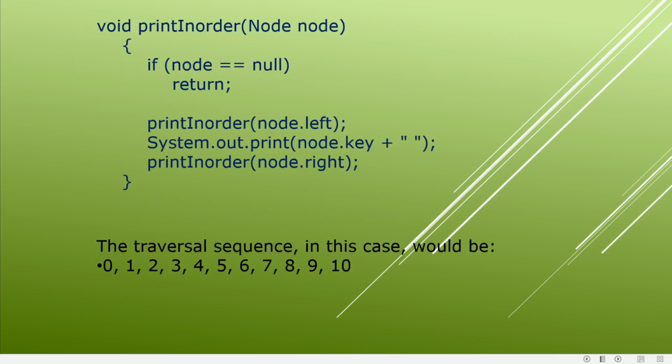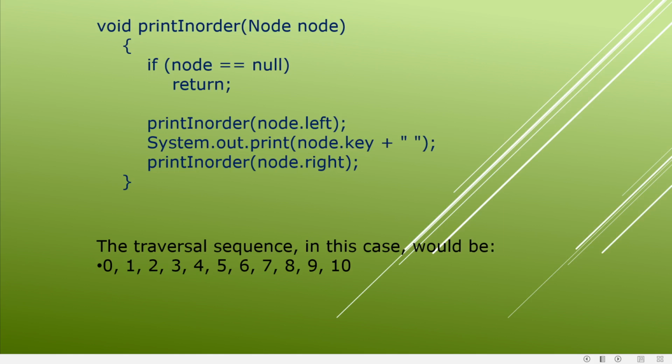Here we begin at the leftmost node 0 and end at the rightmost node 10. This is the code for printing Inorder nodes. First the left subtree is traversed, then the data, then recursively calling the right subtree.